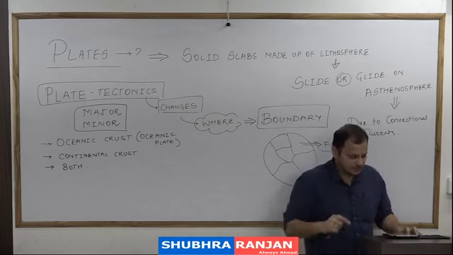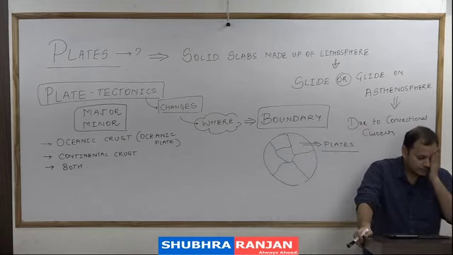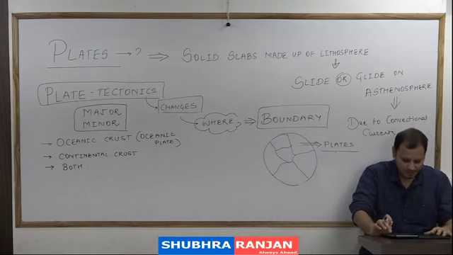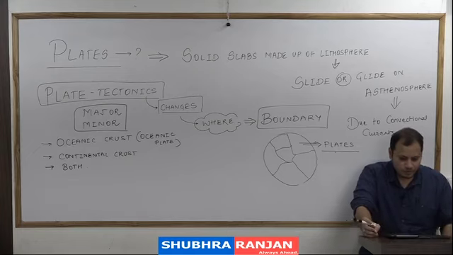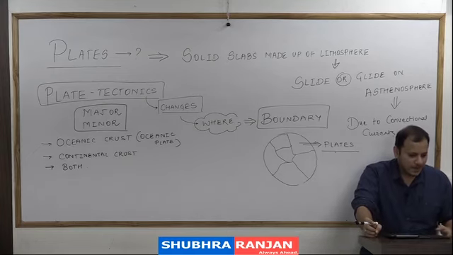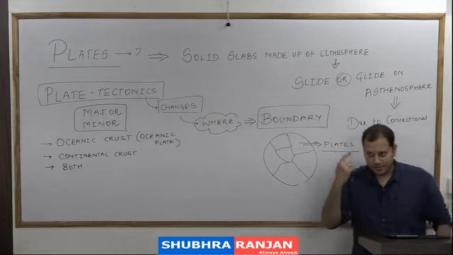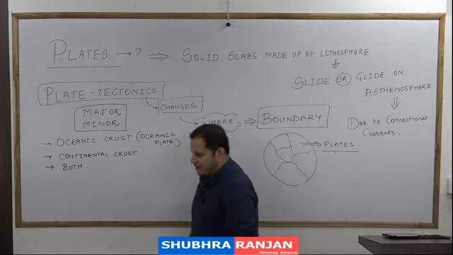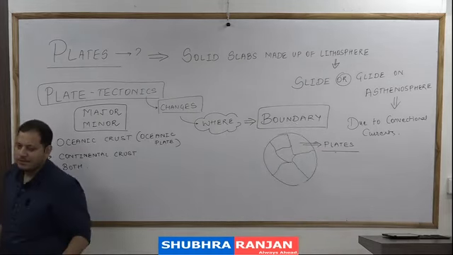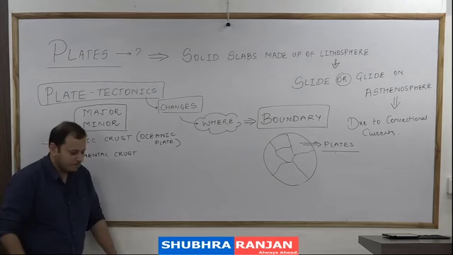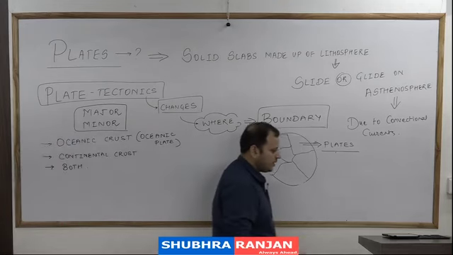Most of the plates are an example of a mixture of both, except the Pacific plate, which is totally an oceanic plate.